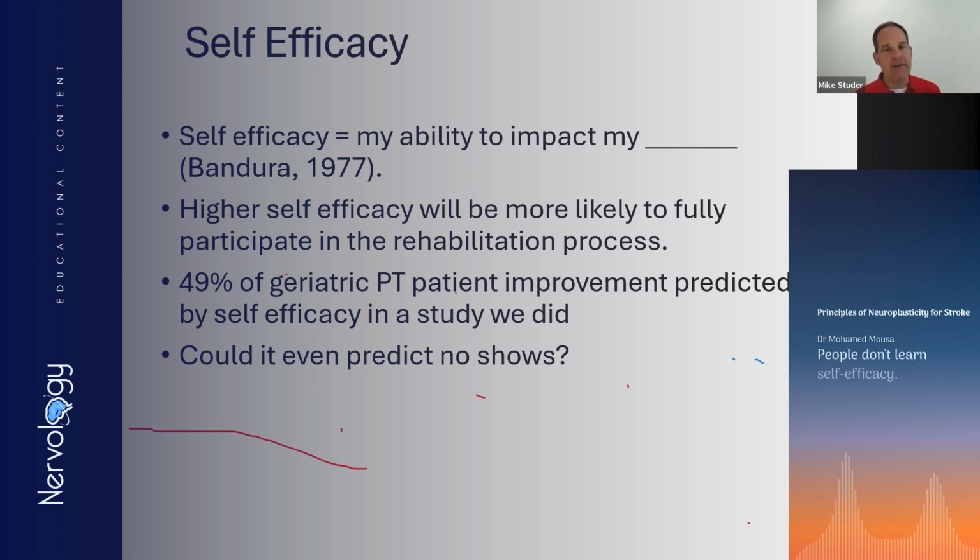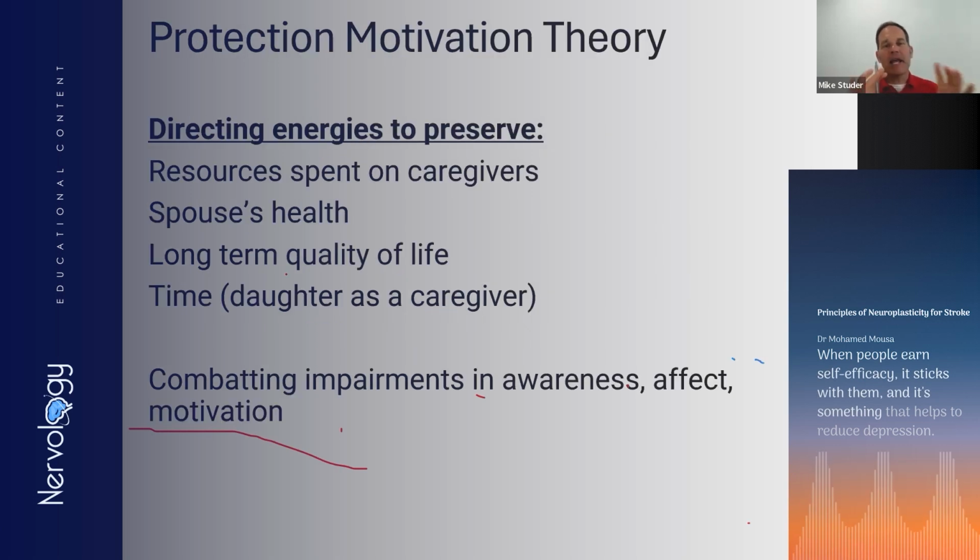People don't learn self-efficacy, they earn self-efficacy. So you need to give them opportunities to succeed and to fail and to try as hard as they can, but not quite set a personal best. When people earn self-efficacy, it sticks with them. And it's something that helps to reduce depression.